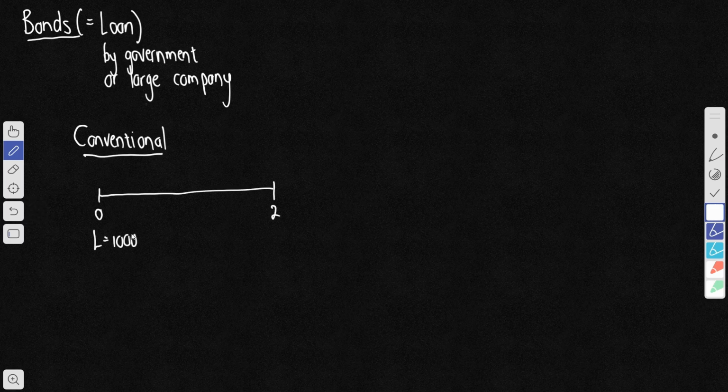In this example, the borrower will receive the agreed amount of $1,000 at time 0. At time 2, he needs to repay this loan amount together with interest at 10% per year. So the repayment amount is calculated using the future value formula that you should be familiar with by now. 1,000 times 1 plus the interest rate.